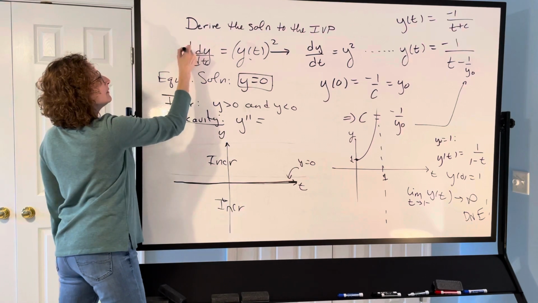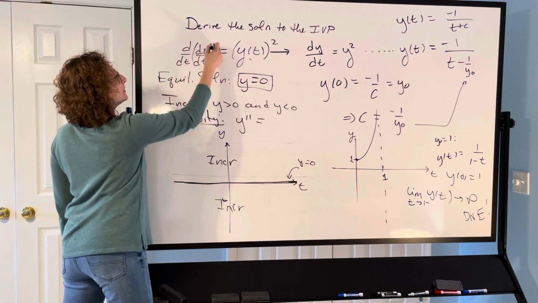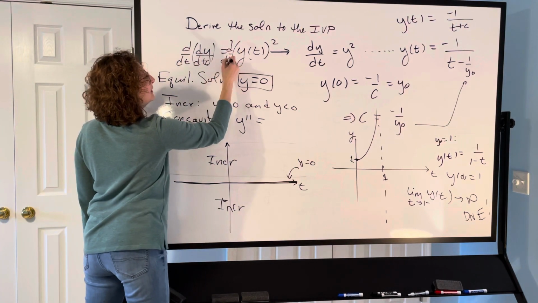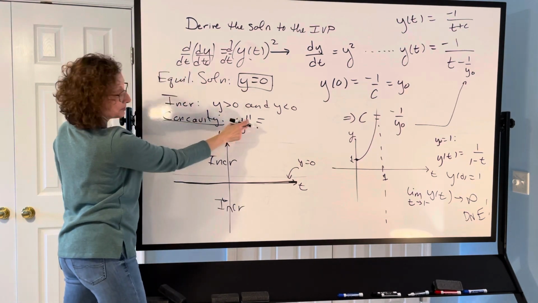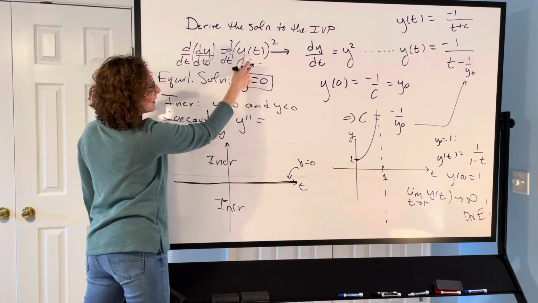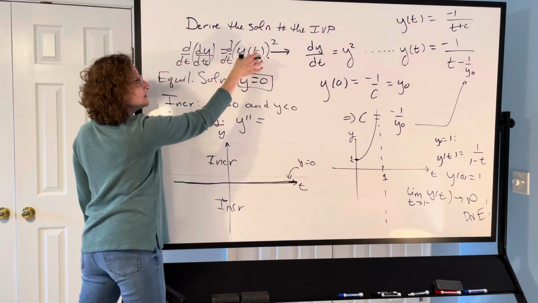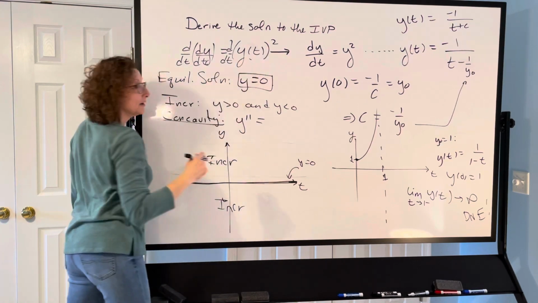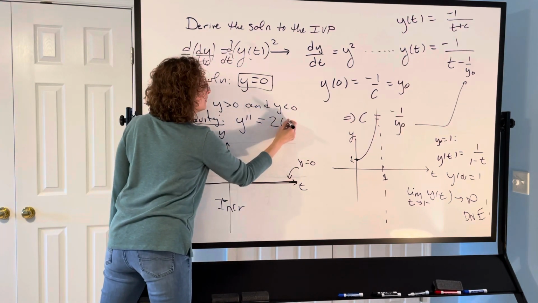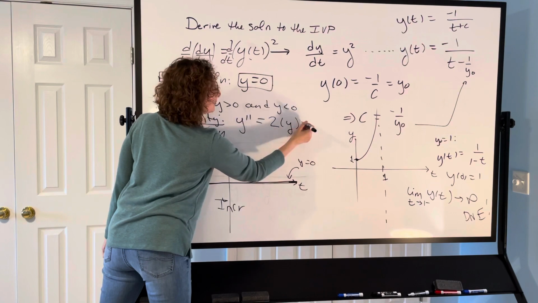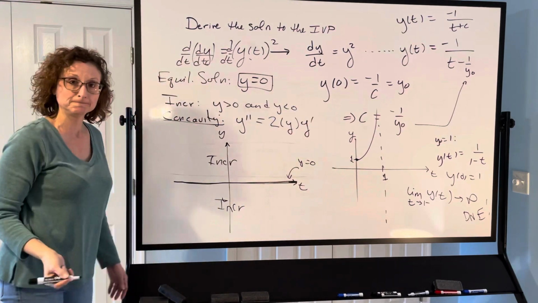And so if I take the derivative of both sides with respect to t, this side is d squared y dt squared, which is y double prime, and this side is the derivative with respect to t of stuff that depends on t squared. And what is the derivative of stuff that depends on t squared?